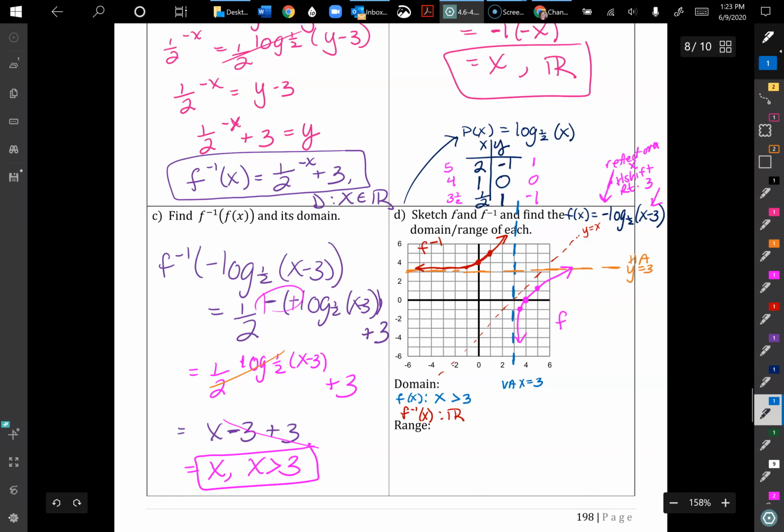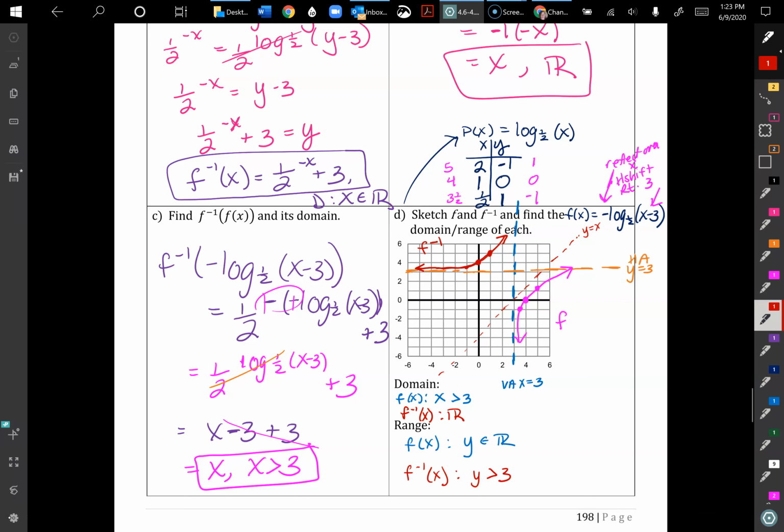For my range, for f of x, my range is going to be y is all real numbers. And for my inverse, I'm going to have y is greater than 3. And you can really see that on the graph very clearly.